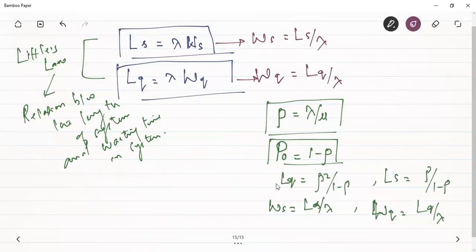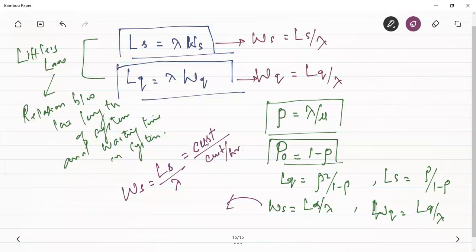If we look at this relation, let's take the example of waiting time in the system. Waiting time means hour, minute. Let's look at the unit. Length of the system divided by lambda. Length of the system means how many customers are there in the system. Therefore, the numerator has the unit of customer, whereas lambda is the arrival rate, how many customers are coming per minute or per hour.